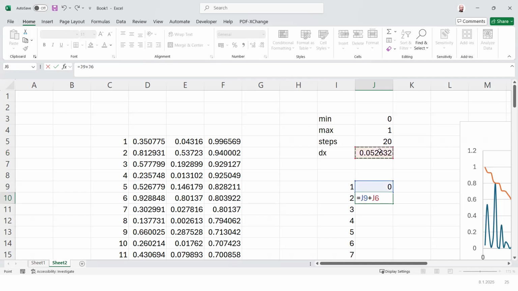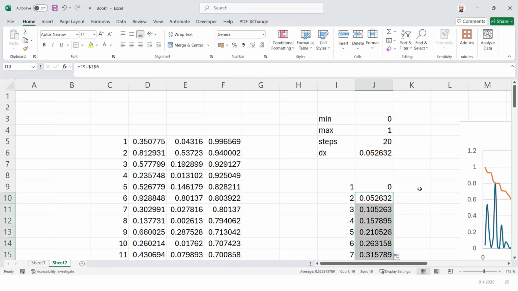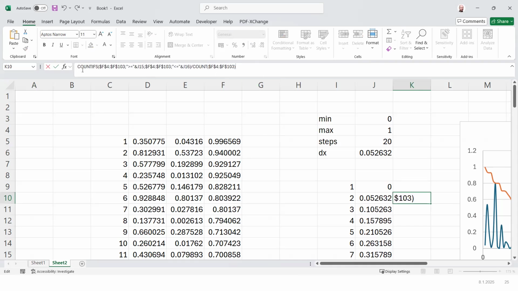If I start from 0 and always add dx to the previous one, keeping it as a constant, I have the gaps. To count how many values fall in each gap, I'm using COUNTIFS.